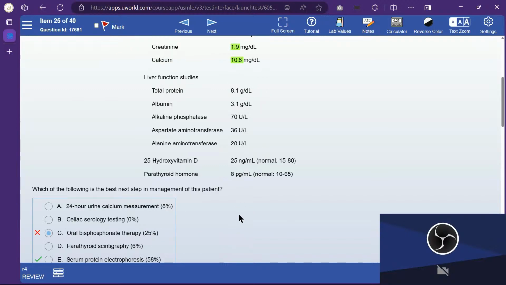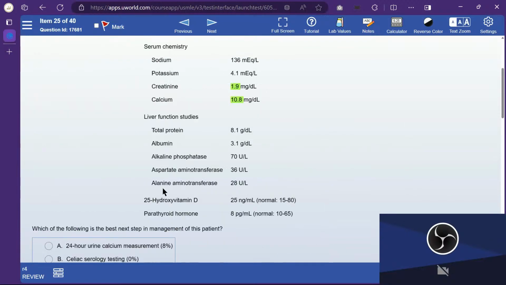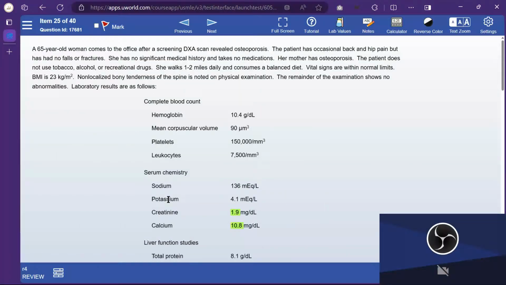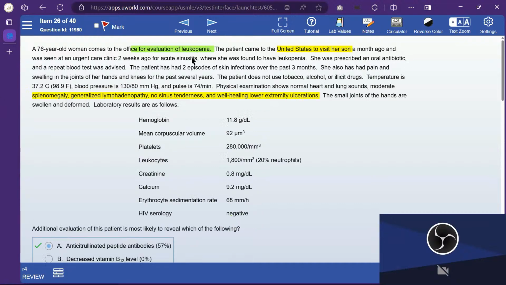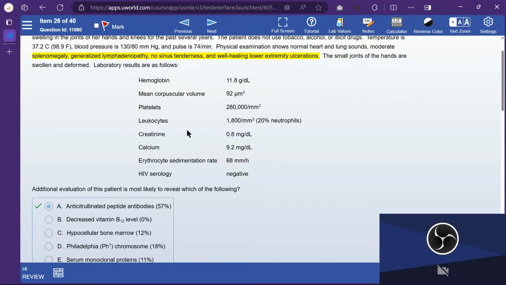If there is hypercalcemia in an older patient, more than 45, along with osteoporosis, multiple myeloma should be thought of.